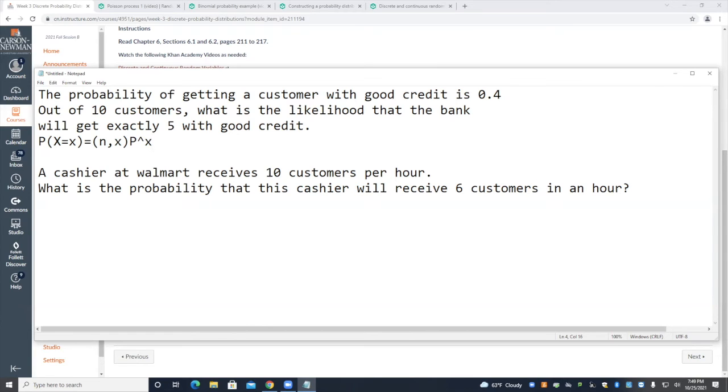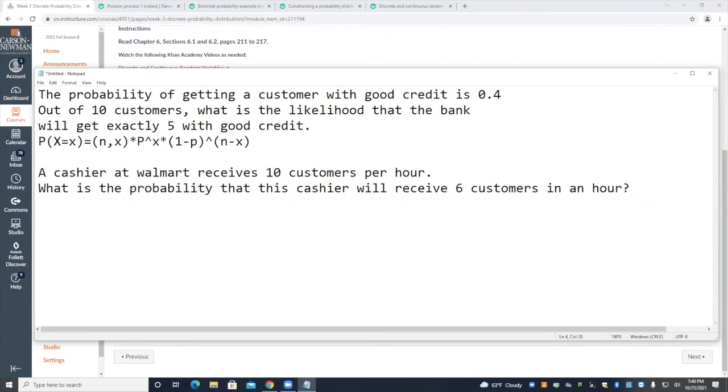That hat means to the power. It's how many times I multiply P by itself, okay? And then I multiply that by, of course, I can put stars in between for multiplication. So this is going to be 1 minus P to the power n minus x. Does everybody follow? Okay.